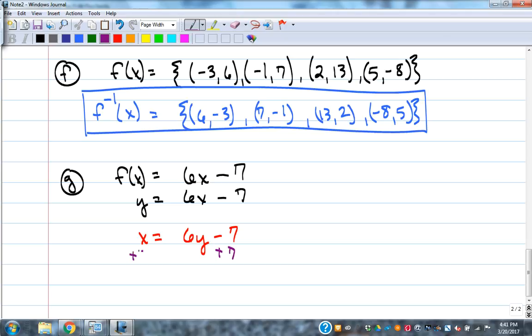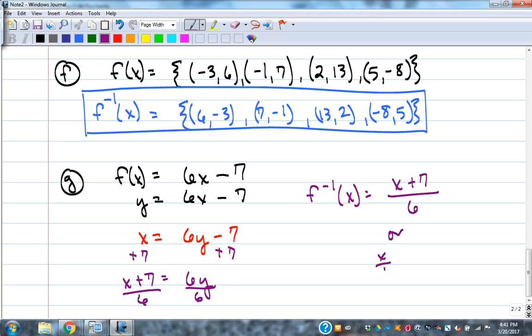So add 7. x plus 7 is equal to 6y. Divide by 6. So f inverse of x is (x plus 7) over 6, or you could write it x over 6 plus 7 over 6. Those are the same thing.